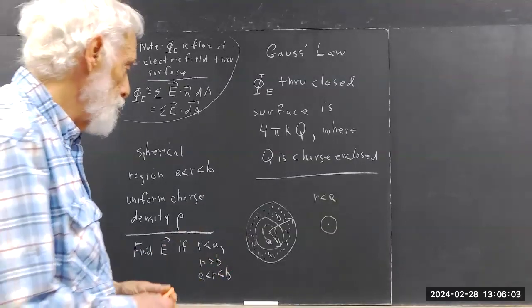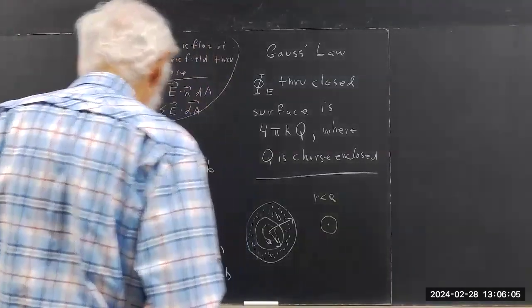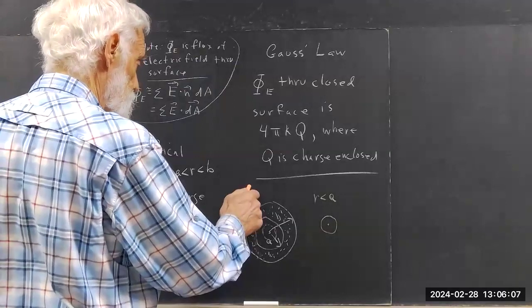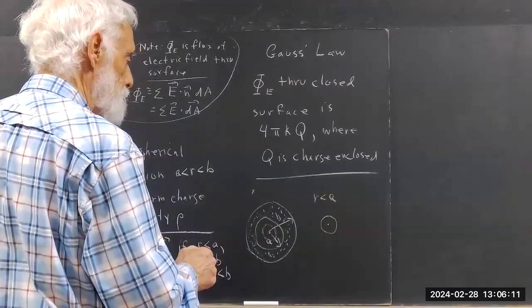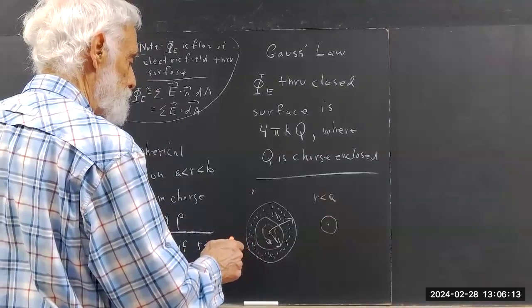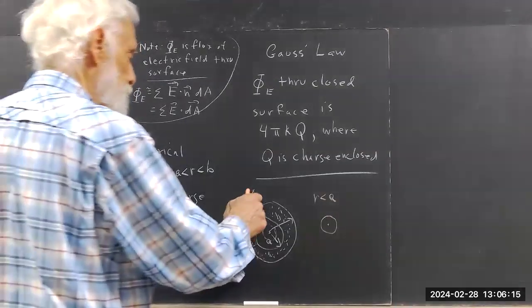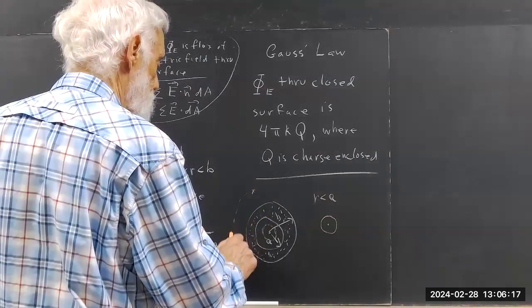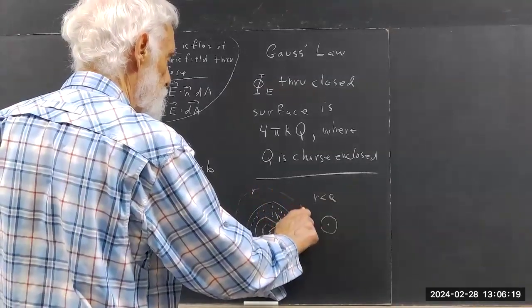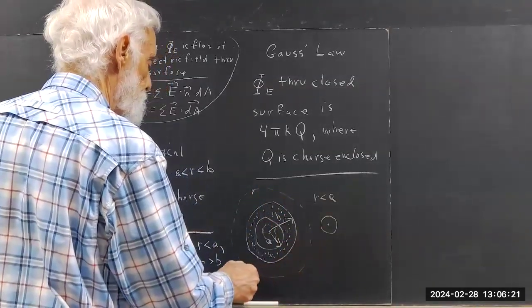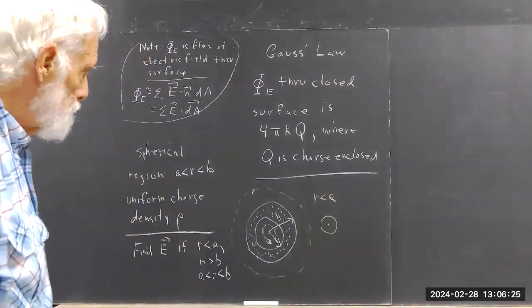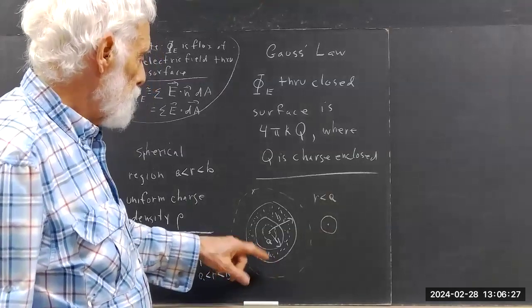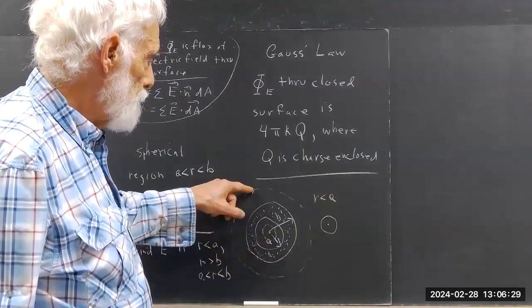So now the second easiest question is, what's the field out here? To find that out, we put a surface, a sphere, with radius equal to the distance from the center to whatever point this is.